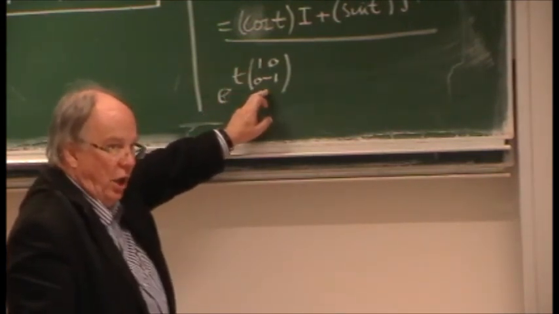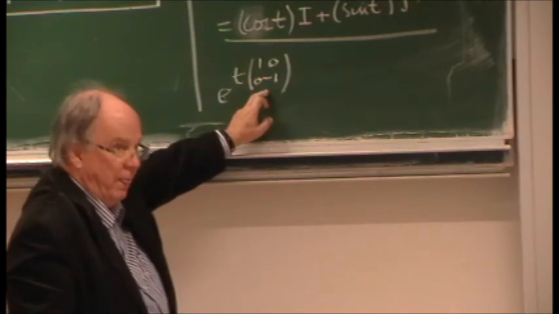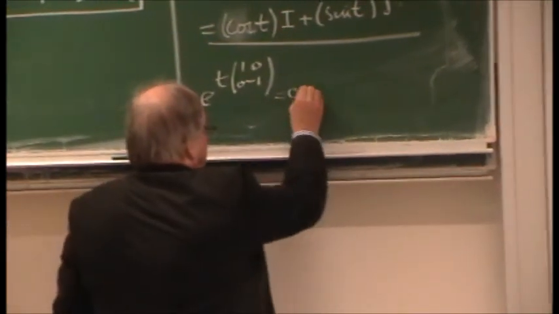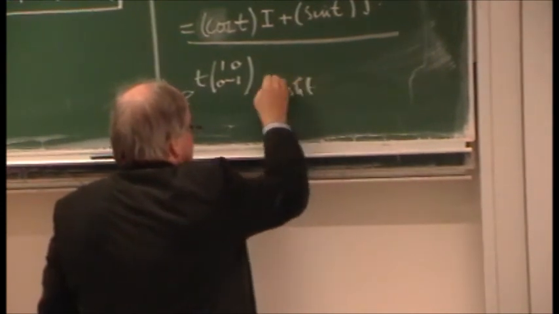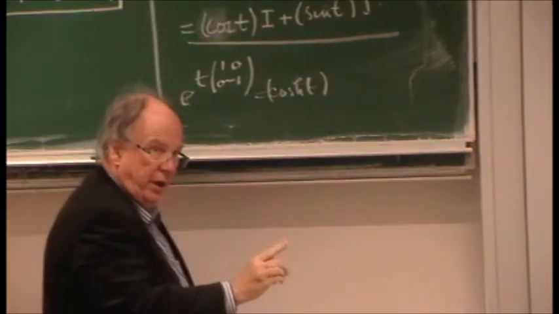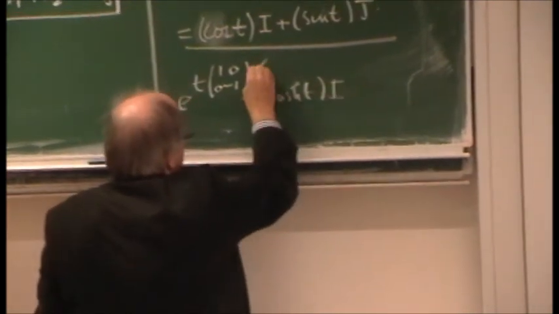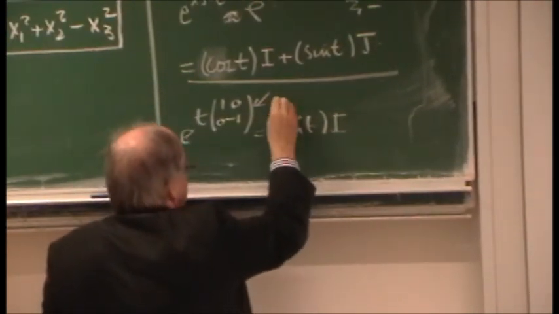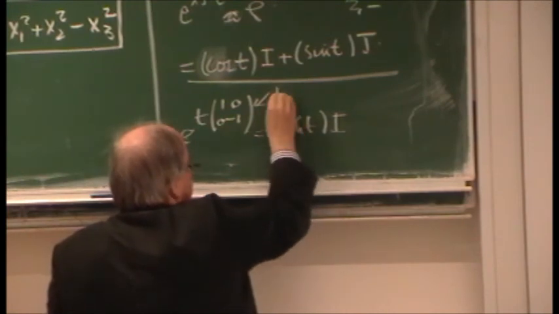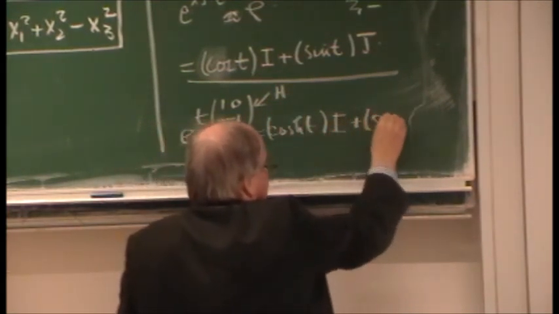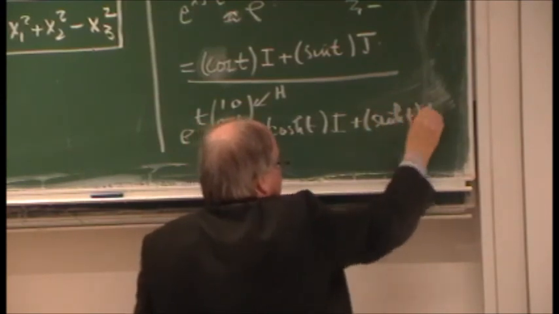So it's always with plus sign. So it's hyperbolic cosine t. Totally different phenomena. Hyperbolic cosine times the identity. Oh, this matrix we should call something. I don't know, H. Plus, and I think if you look at it, it's hyperbolic sine t times H.